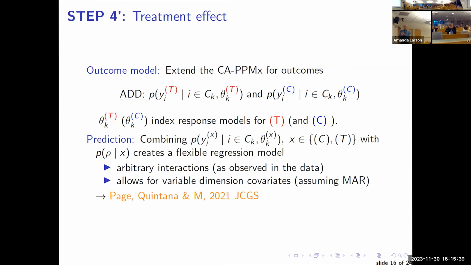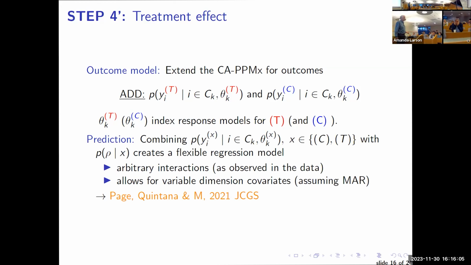Can I still sneak in a one minute comment at this moment? At this moment, we actually have a flexible regression model for the outcome on the covariates, which allows a regression on a variable dimension covariate vector. It always kind of tickled me pink to notice that regression is one of the basic problems that we can do as statisticians.